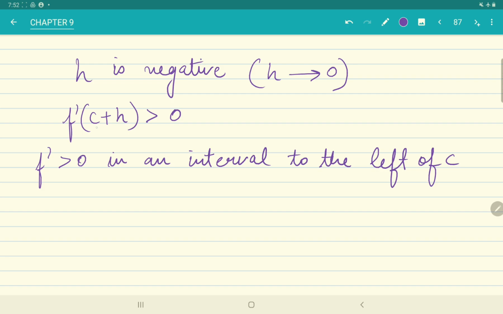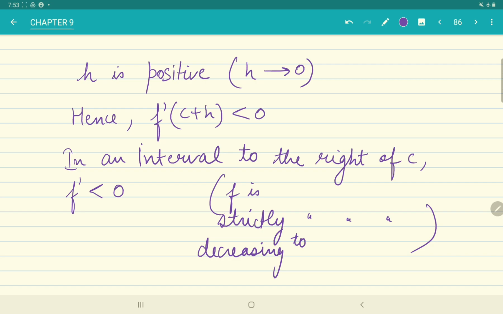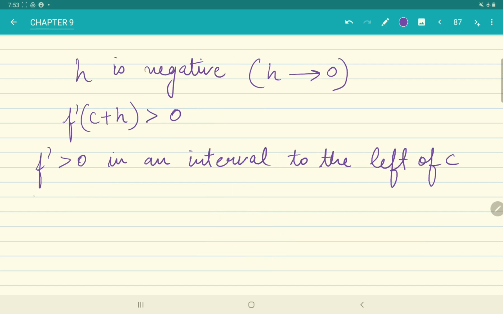Because it is f prime of c plus h, but h is negative. So it is positive in an interval to the left of c. That means the function f is strictly increasing in an interval to the left of c.